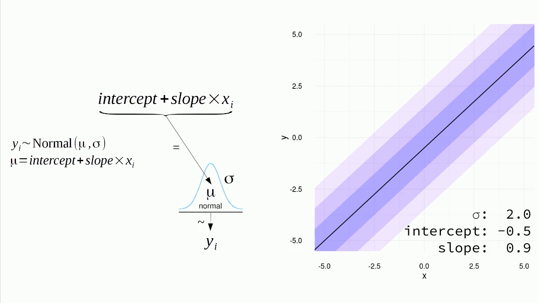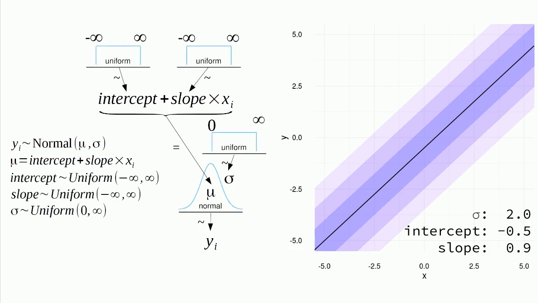Now, this is a generative model, but it's not yet a Bayesian model. For that, we need to represent all uncertainty by probability and add prior probability distributions over all parameters. Since smart priors are not really the focus here, we're just going to add dumb, flat, uniform distributions for the time being.